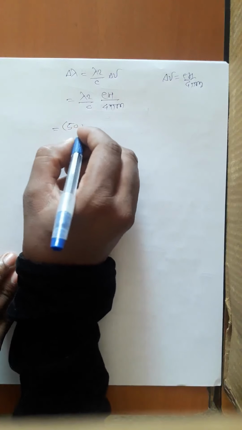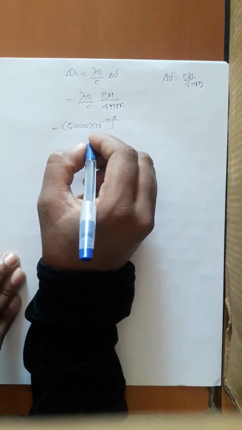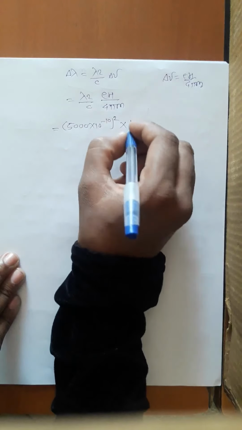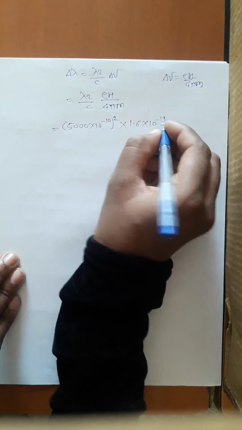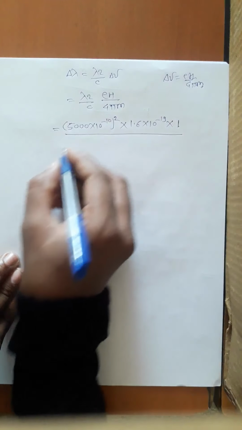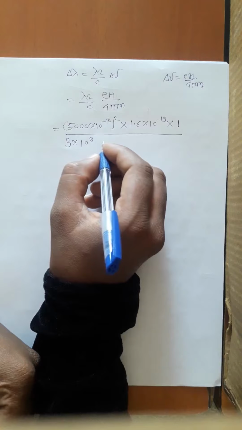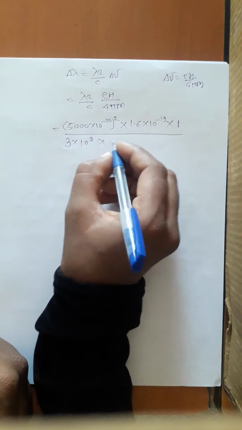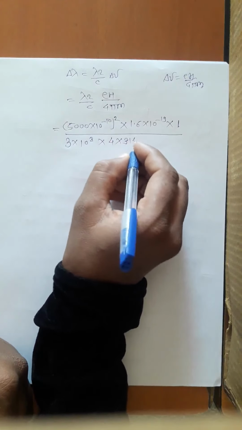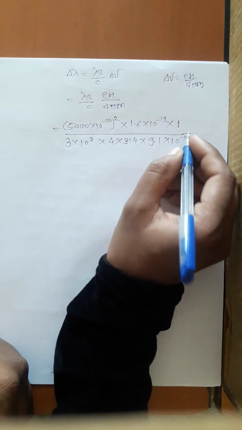Lambda square is (5000 into 10 raised to minus 10) square into E, which is 1.6 into 10 raised to minus 19 coulomb, H is 1 Tesla, divided by C, speed of light, 3 into 10 raised to 8 meter per second, then 4 into 3.14 multiplied by 9.1 into 10 raised to minus 31.